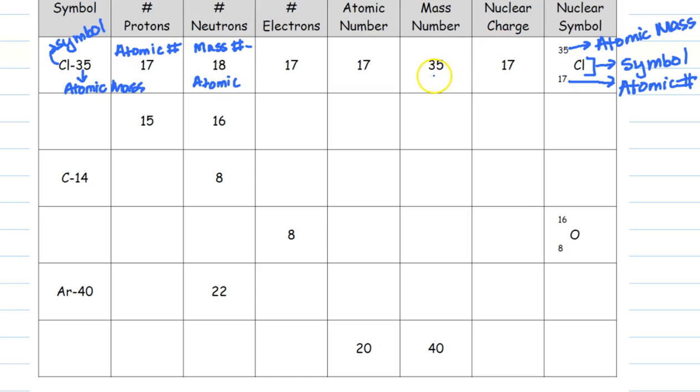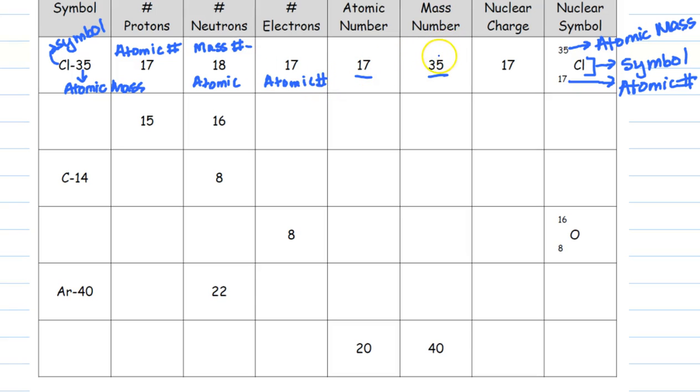So 35 is our mass number. The atomic number is 17, so 35 minus 17 gives you 18. Right now, we said all of our atoms are going to be neutral, and so it would have an equal number of protons and electrons. So this would also be the atomic number.